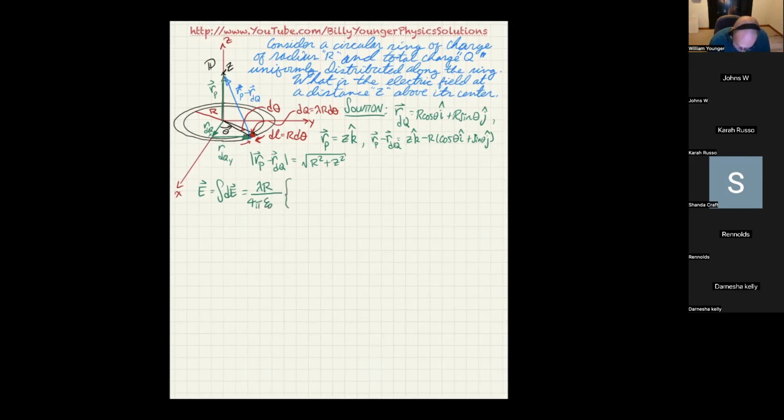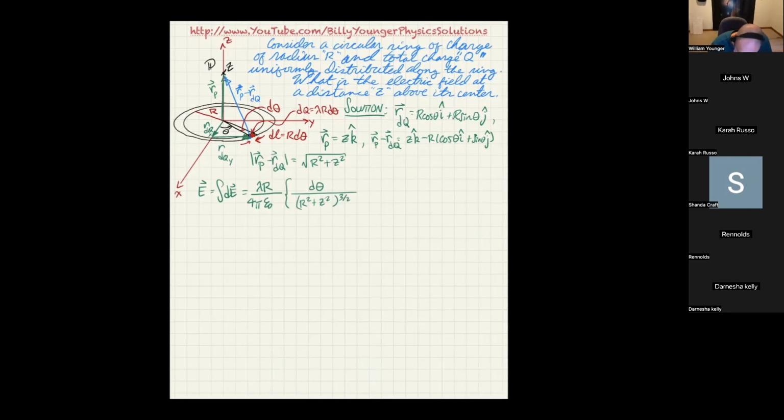Now I'm going to put a curly bracket up there. And of course, all I've got left for the dq part of the formula is basically d theta. So I'm going to put d theta right here. And then what I have is r squared plus z squared, all raised to the 3/2 power.